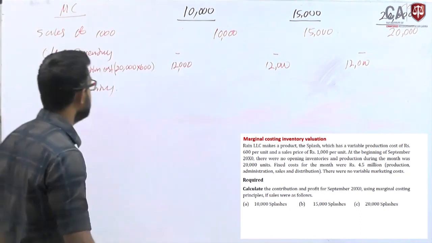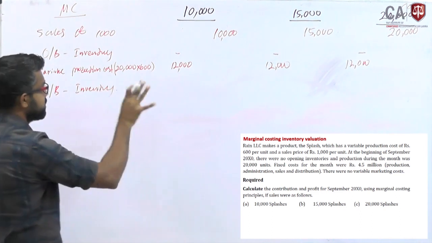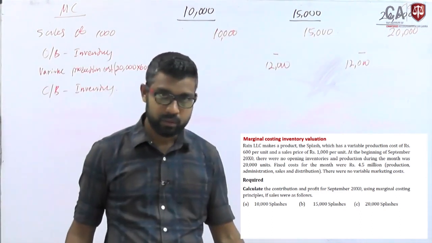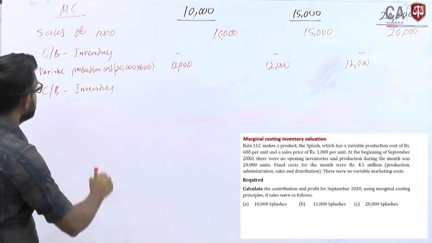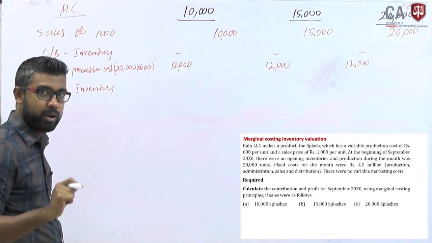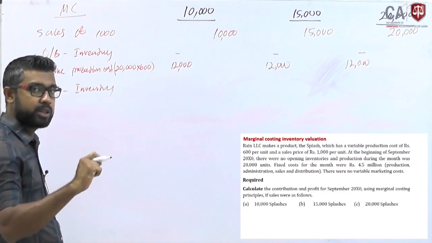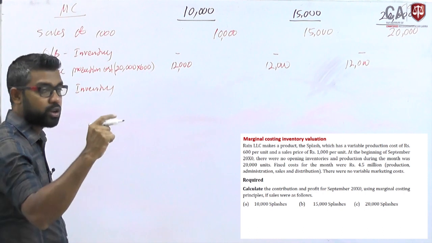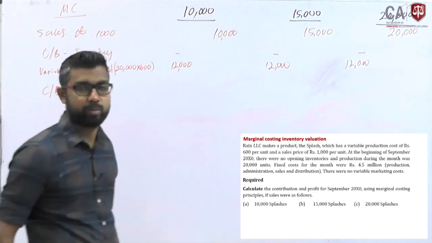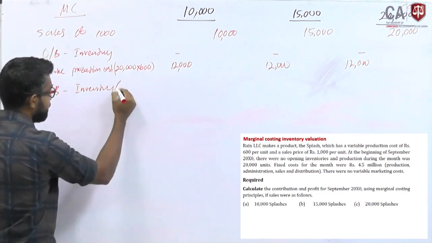Therefore, we will not consider fixed cost for this contribution calculation. Closing inventory is also valued using marginal costing. In absorption costing, full cost is considered, which means fixed production overhead cost is also absorbed into the unit of output, but here you will not do it.